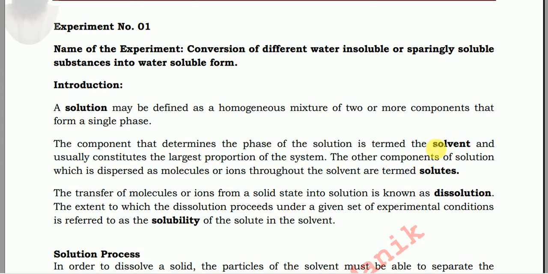Since water is a solvent, it has a liquid phase, so ultimately the solution will have a liquid phase. In the same example, sugar was dissolved into water. So sugar is the solute, which is present in a small amount and distributed at the molecular level throughout the water. According to the definition, sugar is regarded as solute.